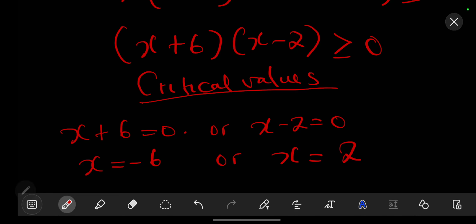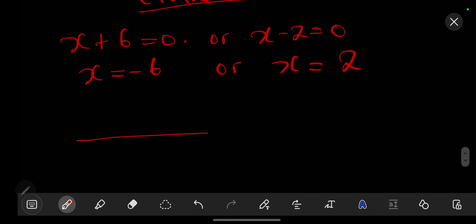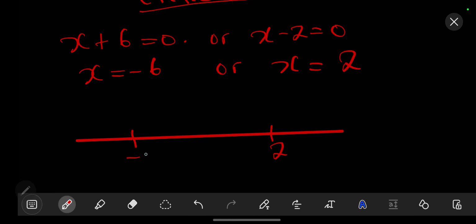So now, drawing a number line, 2 is greater than negative 6. So we have 2 here, then we have negative 6.